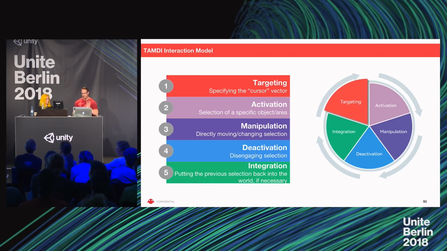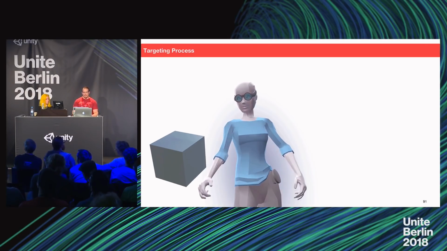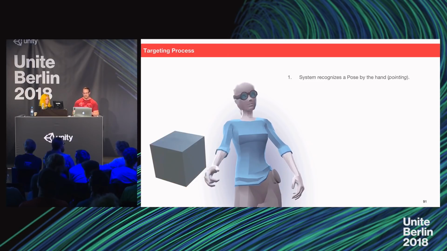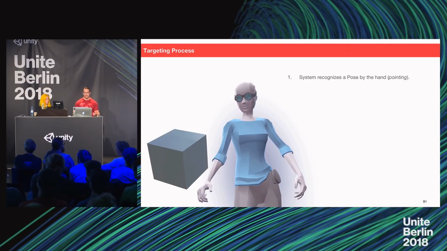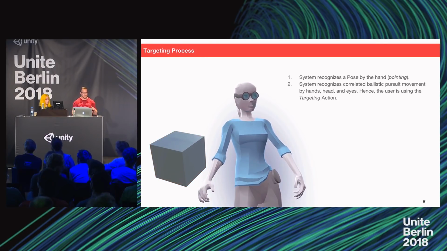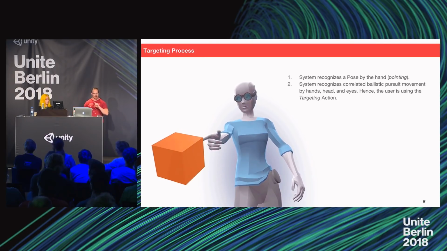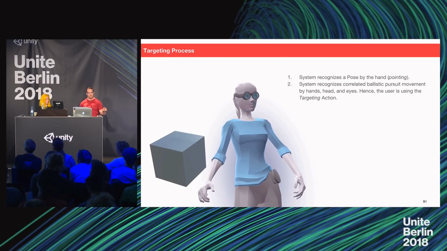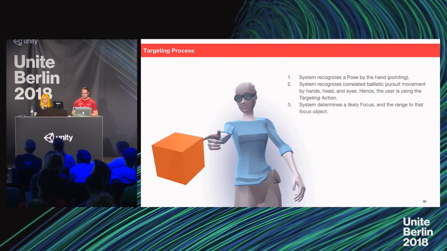The reason I've pulled out targeting here is because I want to actually step through it completely, just as a recap. In a full TAMD targeting, the system would recognize that I'm doing a particular pointing pose. But it also recognizes that my hand, my head, and my eyes are heading in a targeting action towards a particular focus.